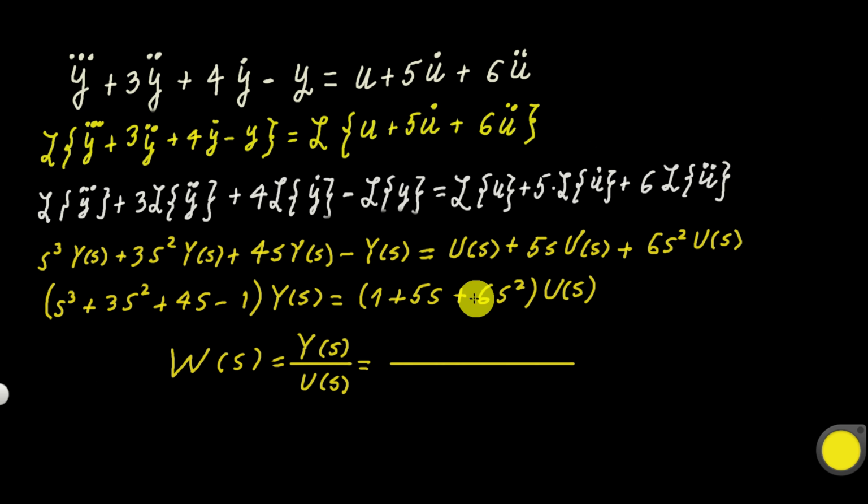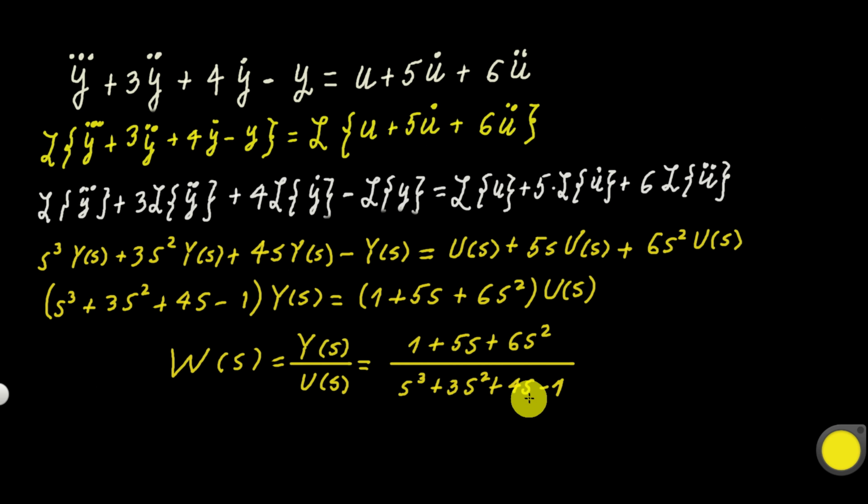This term will go on one side, the other term will go on the other side, and consequently we will have the following. Over here in the numerator we will have 1 plus 5s plus 6s squared, and in the denominator we will have s to the power 3 plus 3s squared plus 4s minus 1.